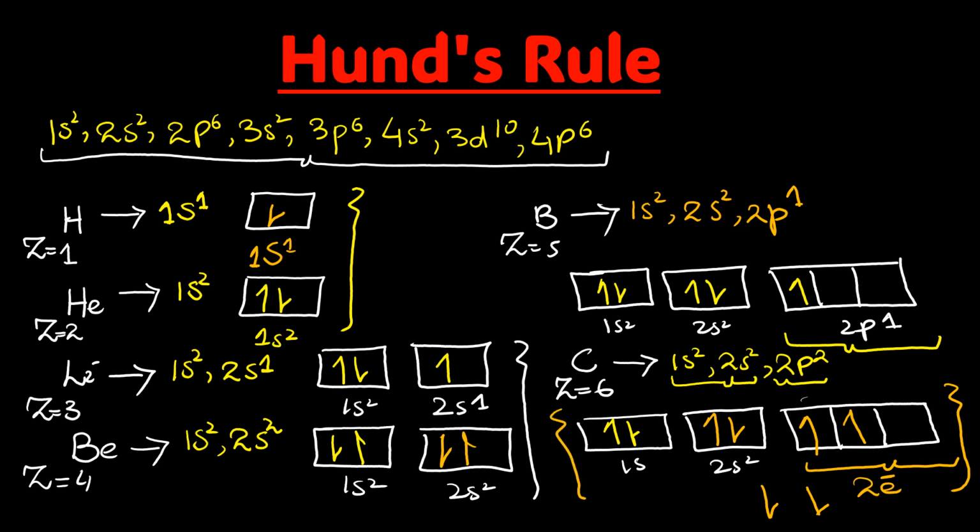In simple words, suppose that we have a p subshell in any kind of atom, and the p subshell can accommodate a maximum of 6 electrons.